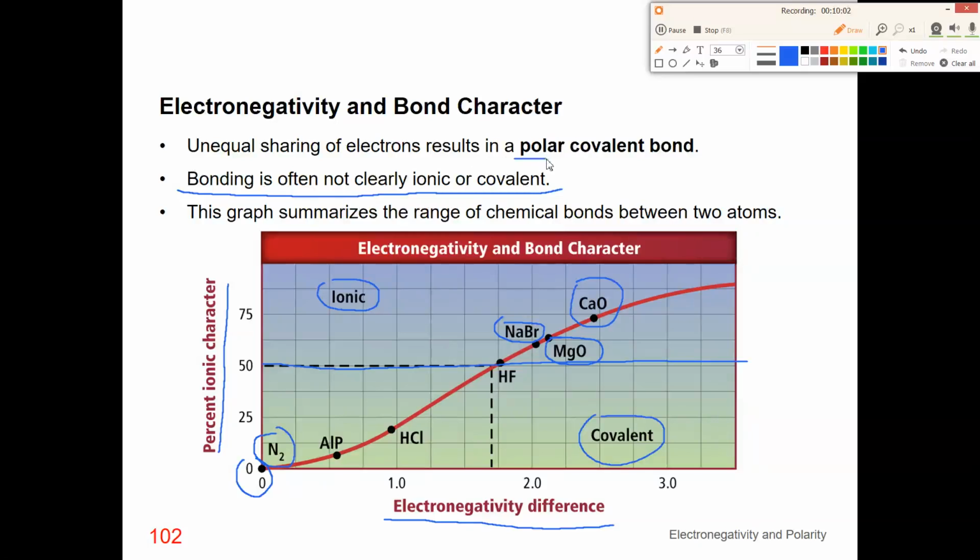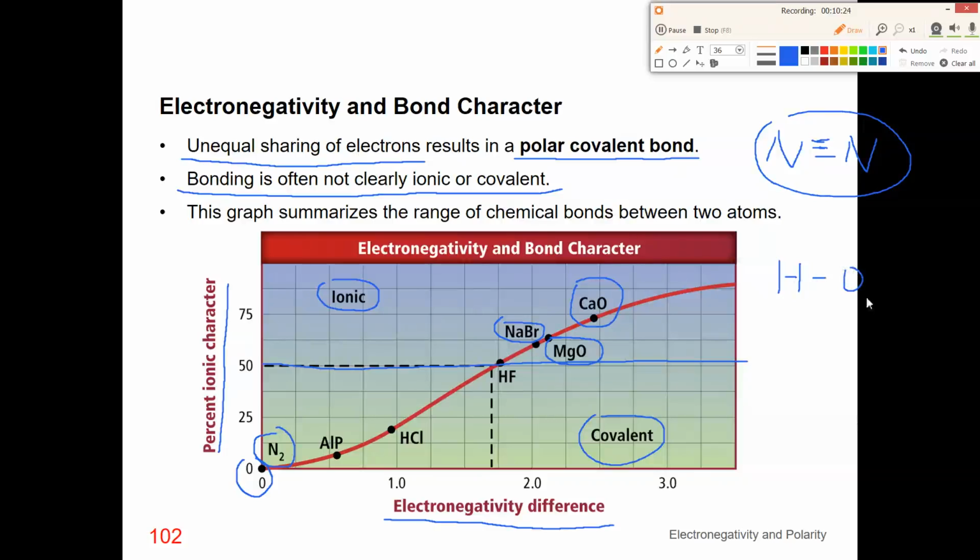What's a polar covalent bond? This means unequal sharing of electrons. Equal sharing is just like nitrogen gas, because it's diatomic. The electrons are shared equally between the two nitrogen atoms. However, in water, if you compare the electronegativity numbers, oxygen's value is much higher than hydrogen's.